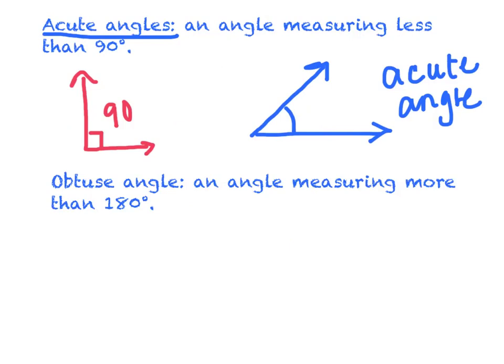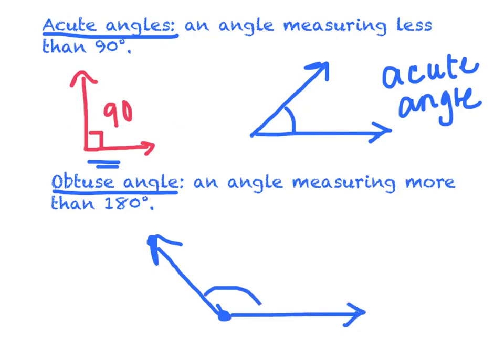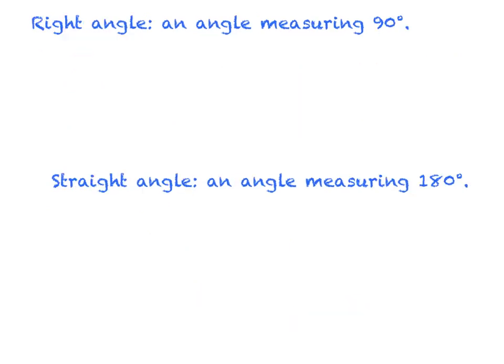An obtuse angle is any angle that measures more than 90 degrees. So an example of an obtuse angle would be something that looks like this, where the angle itself is more than 90 degrees. Another classification of an angle that I already described earlier in the video is a right angle, and that's when an angle measures exactly 90 degrees.